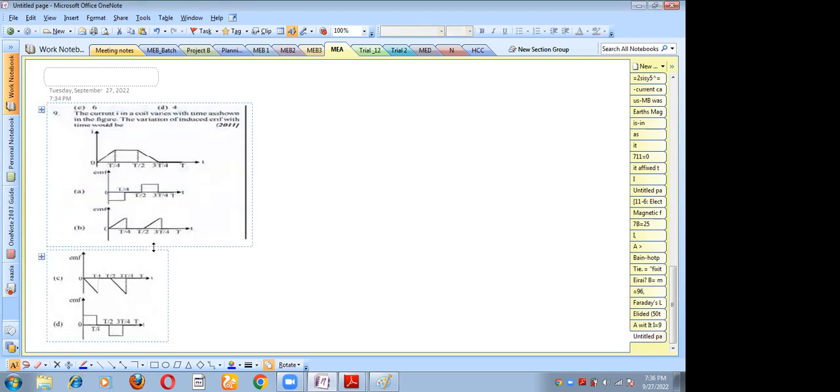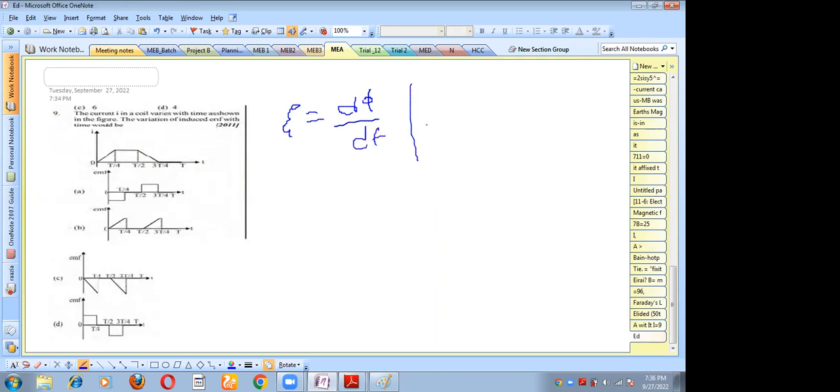It says that the variation of current in a coil with time is shown in the figure, then find the variation of induced EMF. It seems to be difficult, but it is very easy. We have to apply E is equal to d phi by dt, but not directly.